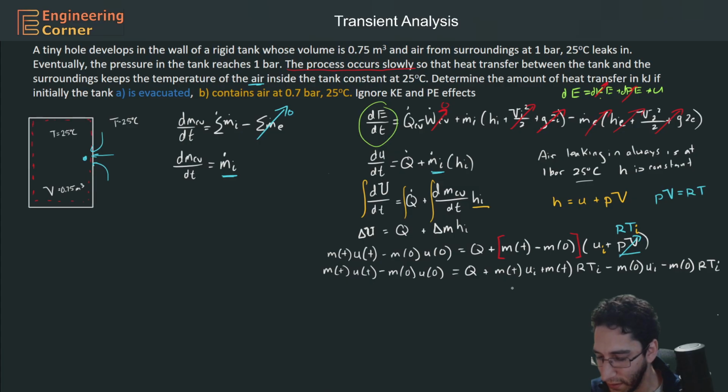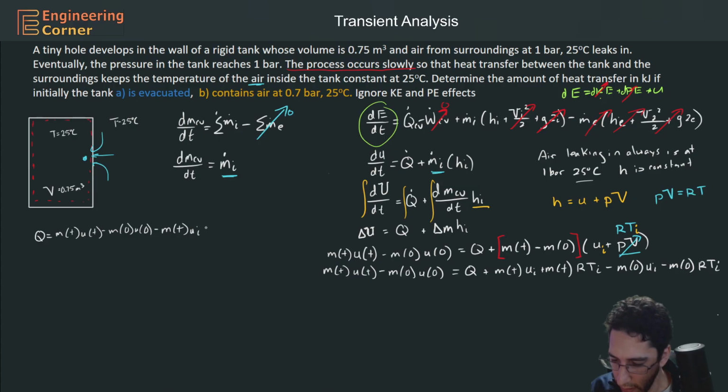Okay, so now let's simplify this a little bit more. I'm going to bring everything to one side of the equation and solve for Q. So I'll have Q is equal to M_t U_t minus M_0 U_0, then minus M_t U_i plus M_t R T_i.